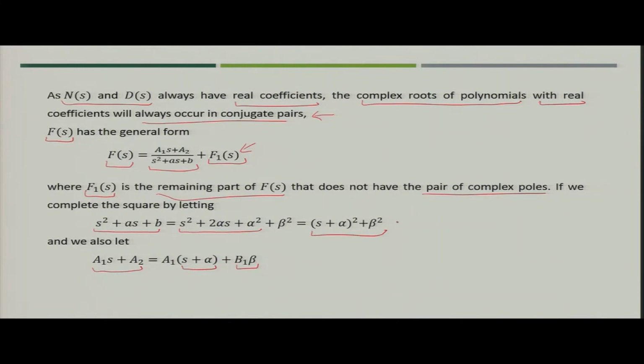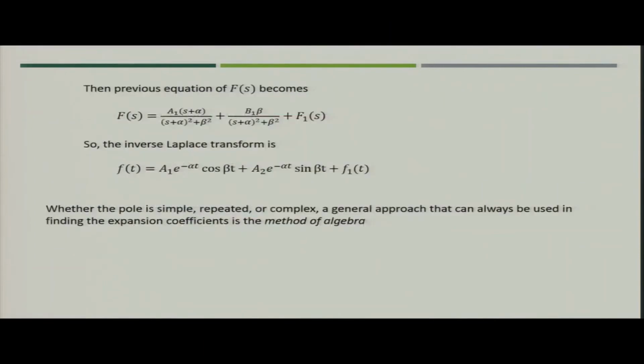So, when you rearrange the numerator as well as the denominator, you can represent the function F(s) as a1 (s plus alpha) upon (s plus alpha) square plus beta square, plus b1 beta upon (s plus alpha) square plus beta square.